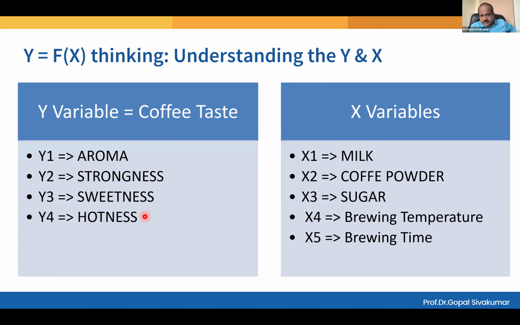If the variable of interest is specific enough, then you can measure it better, and then you can also monitor it better, and so you can control it better, right? That is the idea. So some Y about the coffee is understood here, and some X were written here.